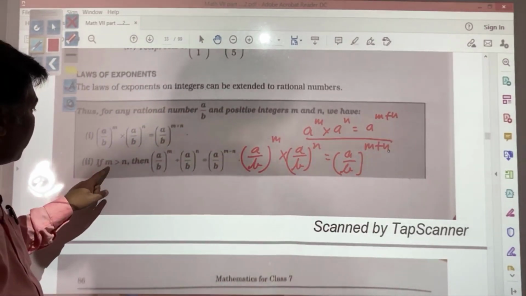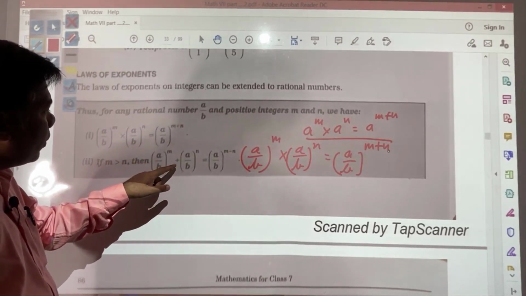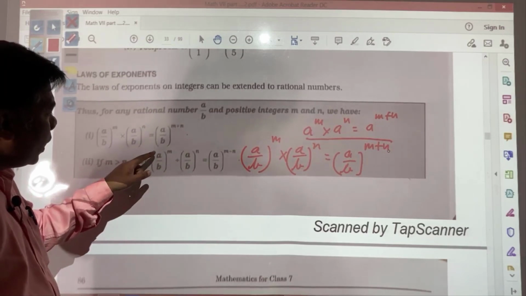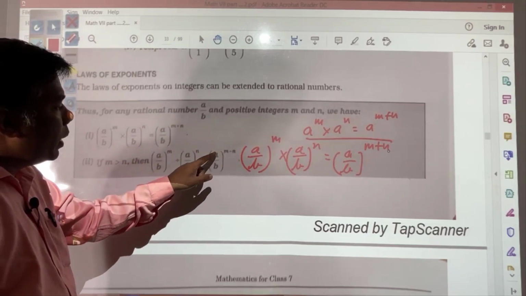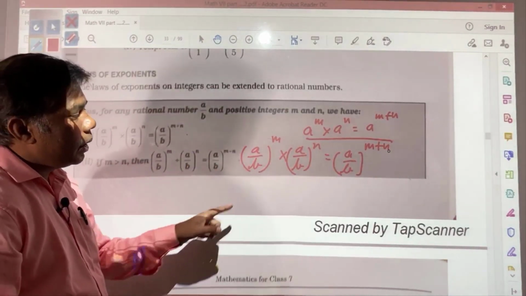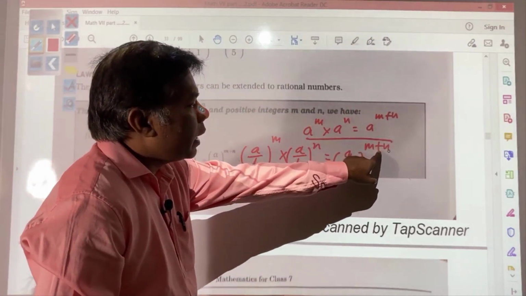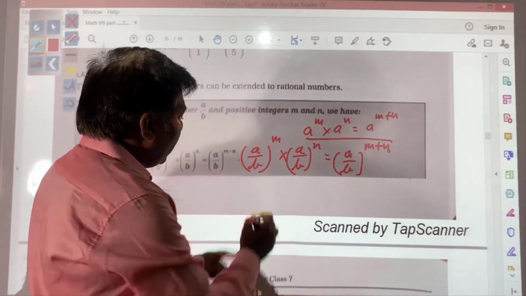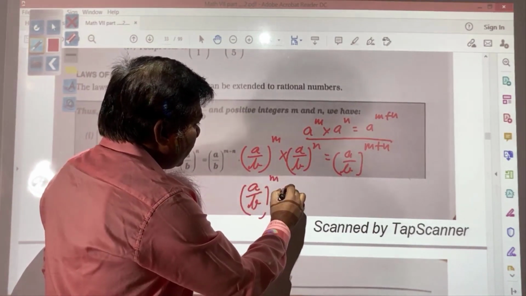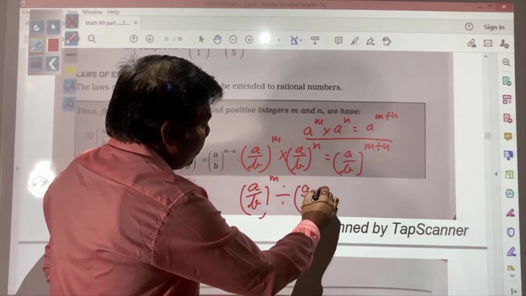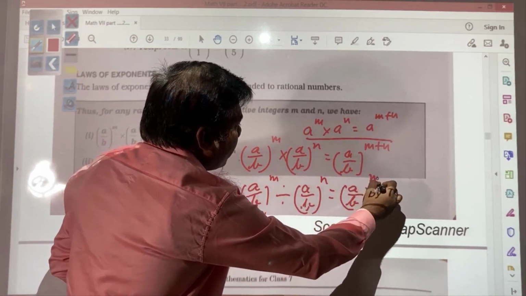Here, if m is greater than n, then a by b to the power m divided by a by b to the power n will be a by b to the power m minus n. It means if multiplication is there, then you will have a plus sign, and if division, a by b to the power m divided by a by b to the power n will be equal to a by b to the power m minus n.